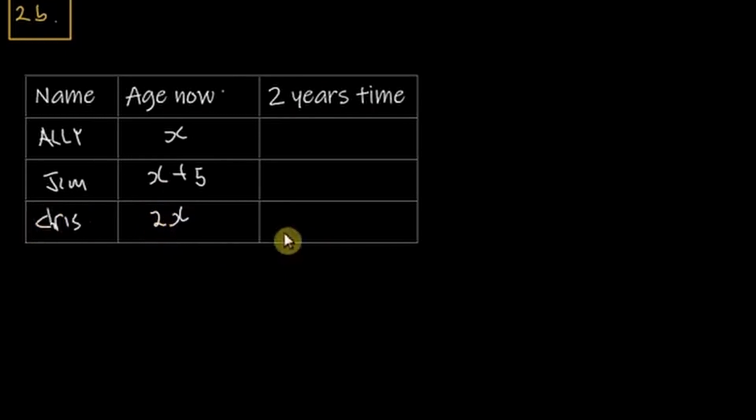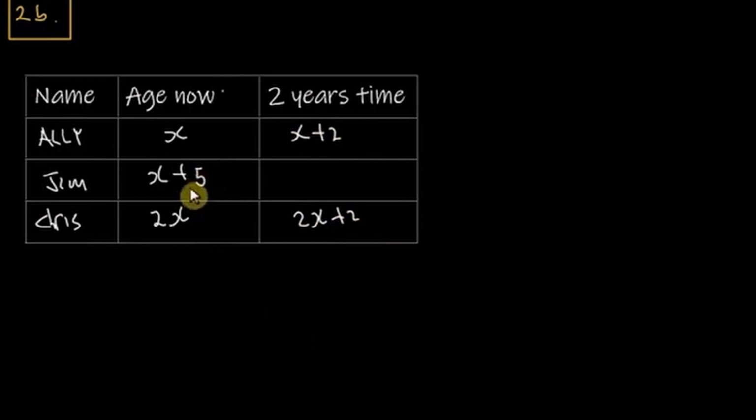So in 2 years' time, the product of Ali's age and Chris's age will be the same as the square of Jim's current age. So Jim is now x plus 5, and in 2 years' time, Ali will be x plus 2 years. Chris will be 2x plus 2 years.